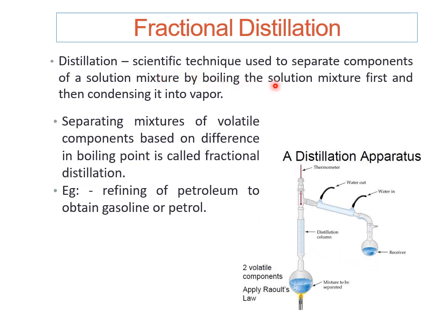Okay, so distillation is a scientific technique used to separate components of a solution mixture by boiling the mixture first and then condensing the vapor. So we can separate a mixture of volatile components based on different boiling points. Using this fractional apparatus, for example, we have our mixture here, the mixture that we want to separate, right? It has been put in.